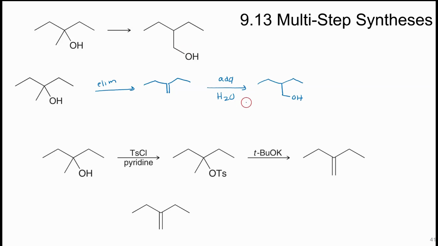So this is an anti-Markovnikov product. We want to note that, and this is also a Hofmann elimination. So in going to our elimination, we want to get rid of the OH. We have to remember that OH is not a good leaving group, so we have to make it a better leaving group.